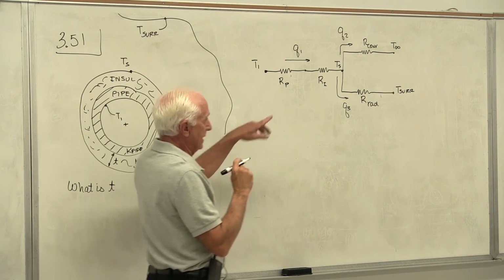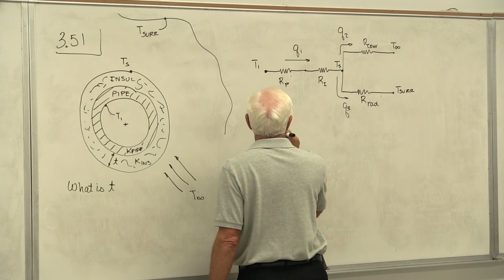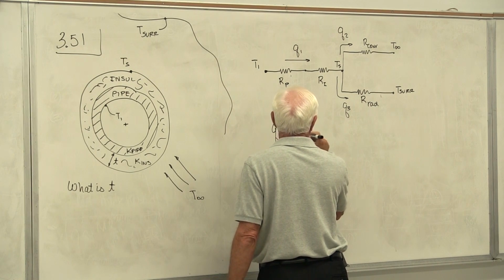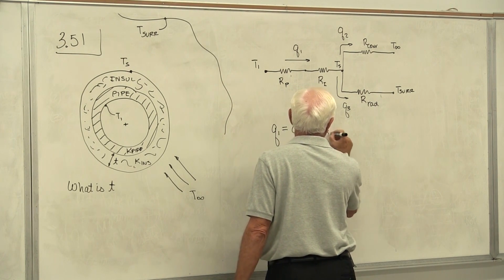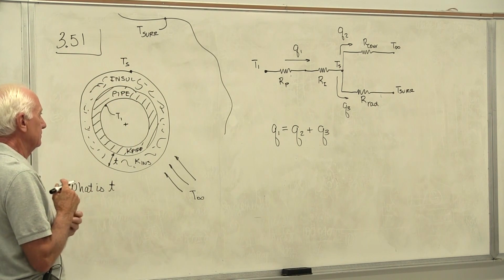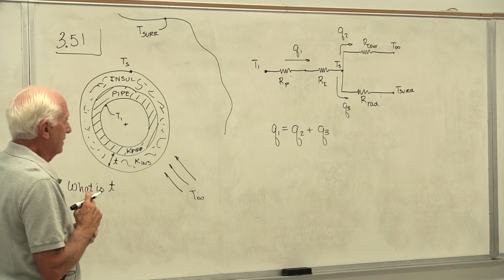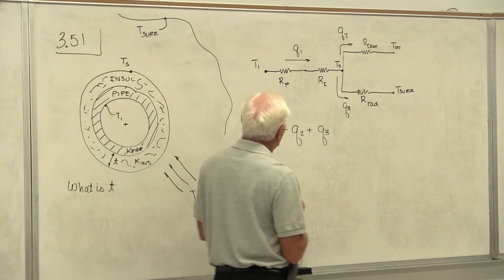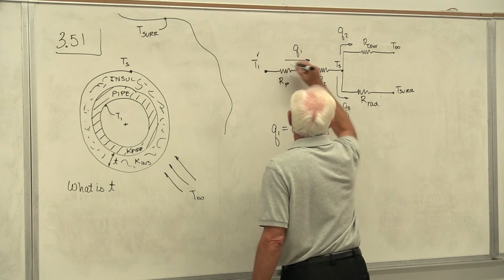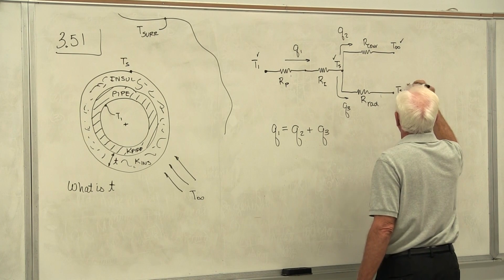And now we'll write the energy balance at the node TS. What comes into node TS must go out of node TS. Steady state, no generation, constant properties. I know T1. I know TS. I know T infinity. I know T surroundings.